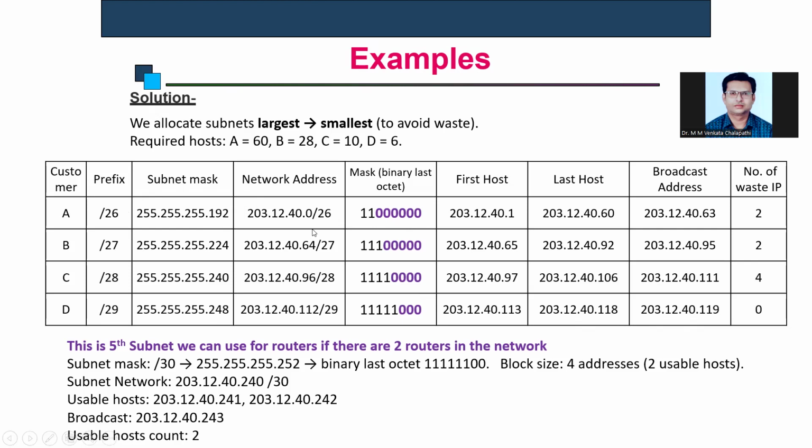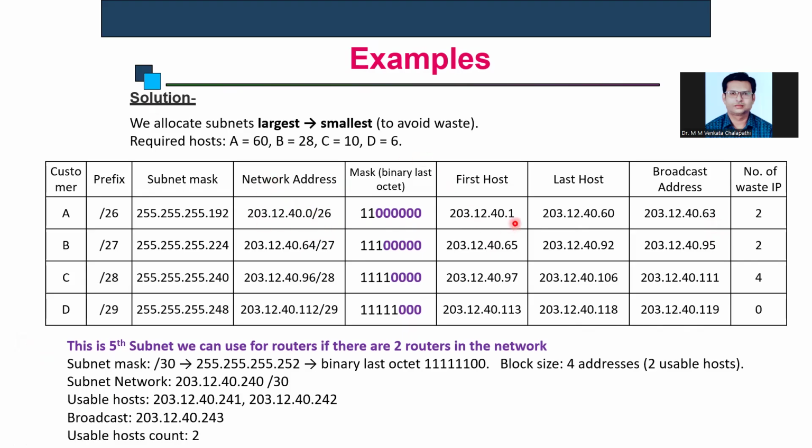The addresses will be from 0 to 63, so we have a total of 64 addresses. The first address is treated as the network address.